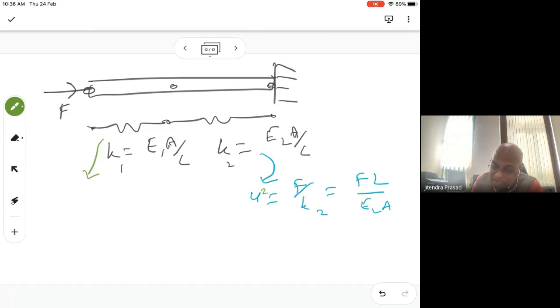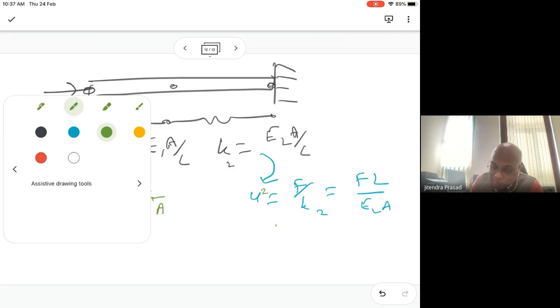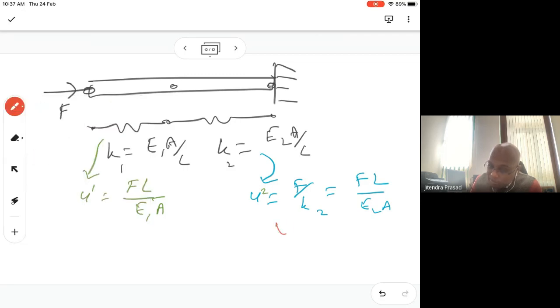Now U1, just the contribution because of that, will be F, the same force, F L over E1A. So that means you can find out how the U will change. U3 will be equal to 0.